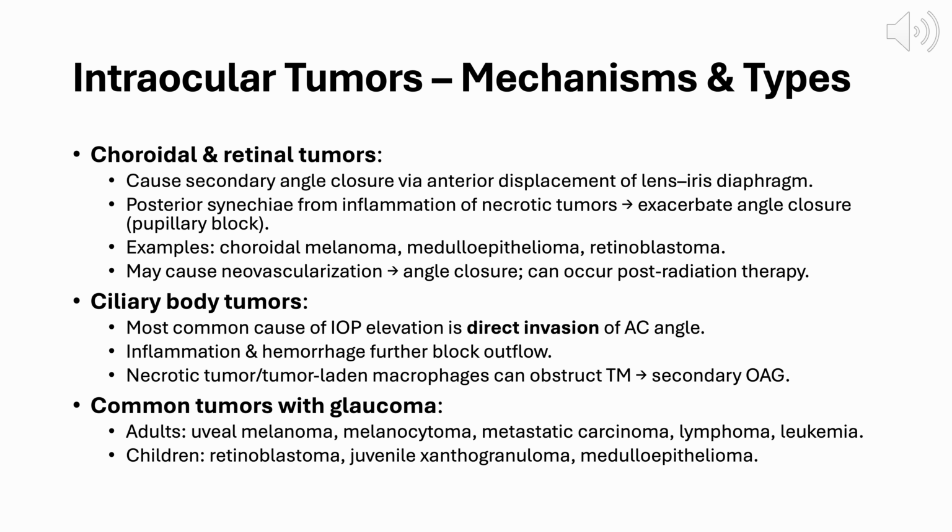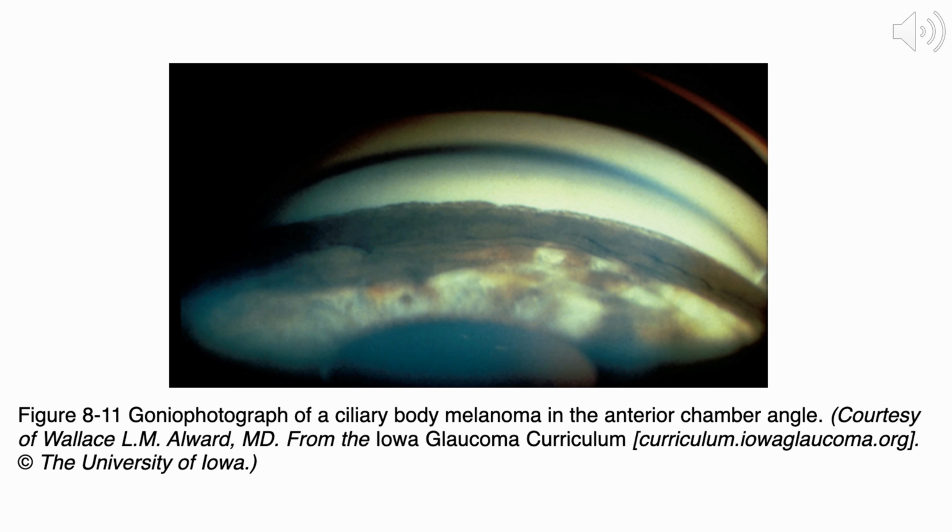Clinically, the tumors most often associated with glaucoma in adults are uveomelanoma, melanocytoma, metastatic carcinoma, lymphoma, and leukemia. In children, retinoblastoma, juvenile xanthogranuloma, and medulloepithelioma are the most common offenders.